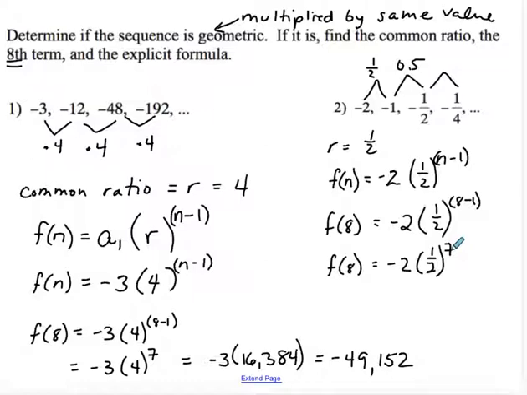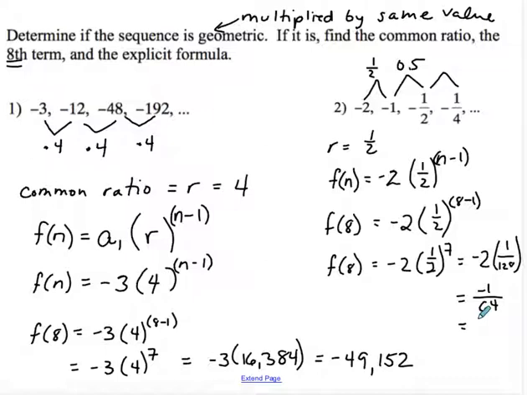And if I raise 2 to the 7th power, I get 128. So I've got -2 times 1/128. And I can just do a little cross canceling there. And so that's going to be -1/64, which I could leave in fractional form, or some of you might prefer to do decimals.